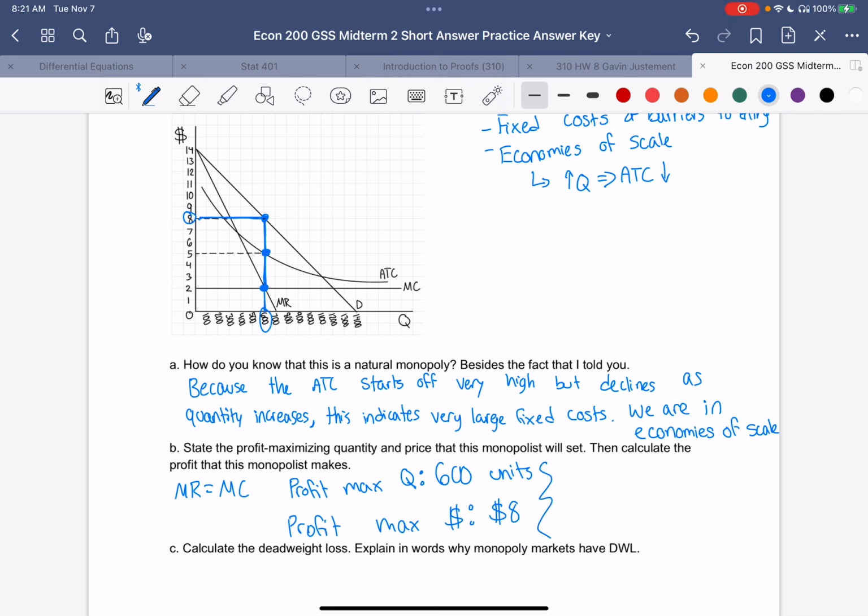So to calculate our deadweight loss, first of all, I'll just label it. It is going to be the 1200 because our area of the triangle is going to be 1/2 times base times height. Okay, so then the base of our triangle is going to be from 600 to 1200, I'll just write it out fully, 1/2 times 1200 minus 600.